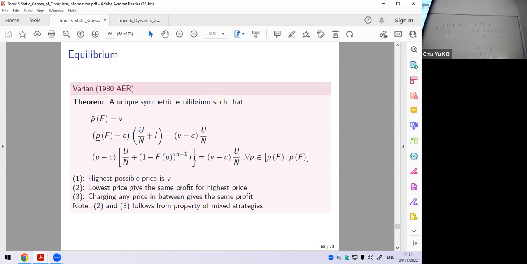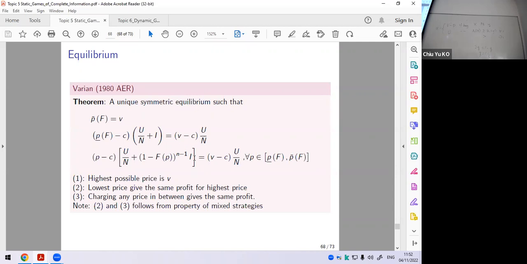So you will see everyone charging the highest price, and somewhat also the lowest. You can see this also depends on I. The higher the I, the lower this price. If a lot of people are searching, then this will be very low.